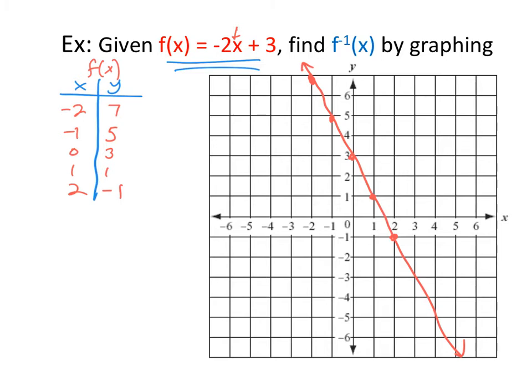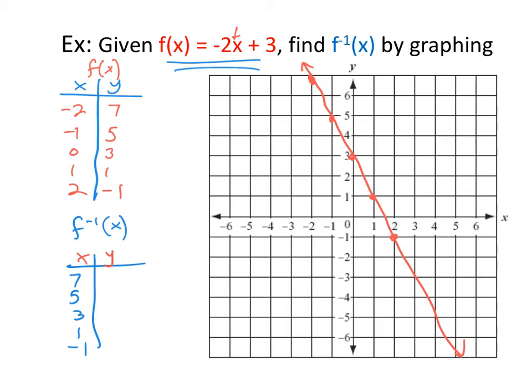Now if I wanted to find the graph of f inverse, or the inverse of f, to graph this, we just simply switch those ordered pairs. All the y values now become the x values, so I'm just going to list those out. So it'd be 7, 5, 3, 1, -1, and then the x values now become the y values for the inverse.